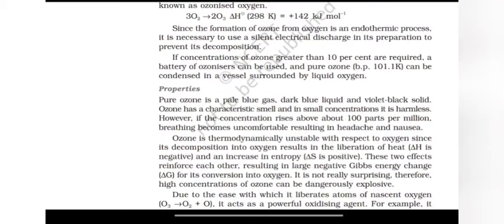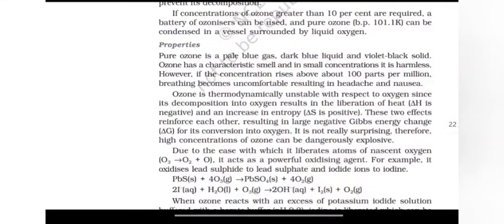Properties. Pure ozone is a pale blue gas, dark blue liquid, and violet-black solid. Ozone has a characteristic smell and in small concentration it is harmless. However, if the concentration rises above about 100 parts per million, breathing becomes uncomfortable, resulting in headache and nausea.